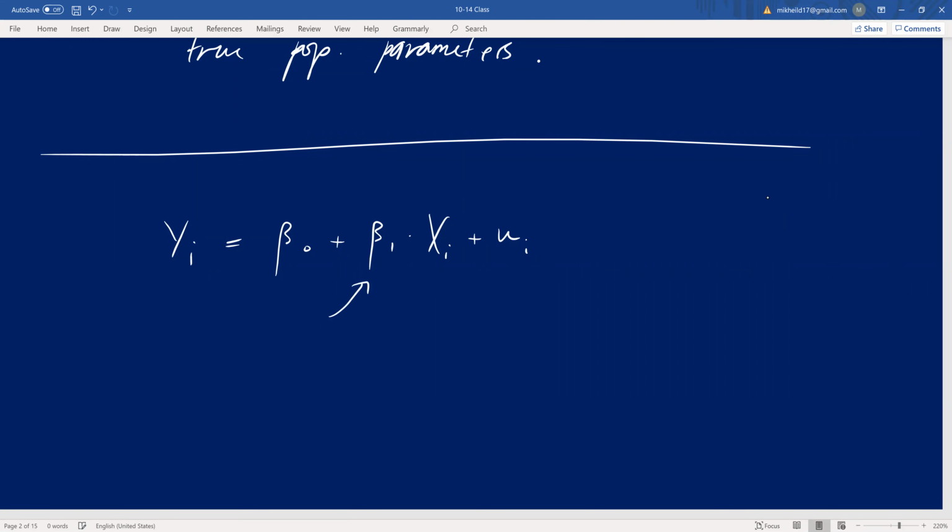If beta 1 is 0, it's not that we say, but that means beta 1 is 0, then x is irrelevant.